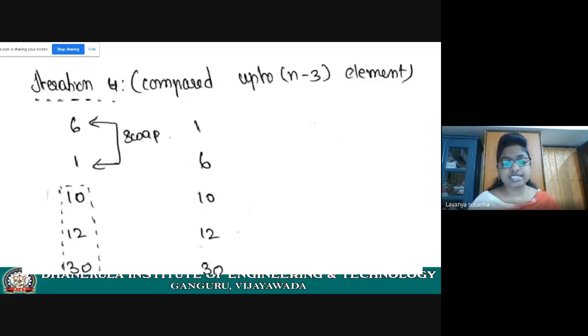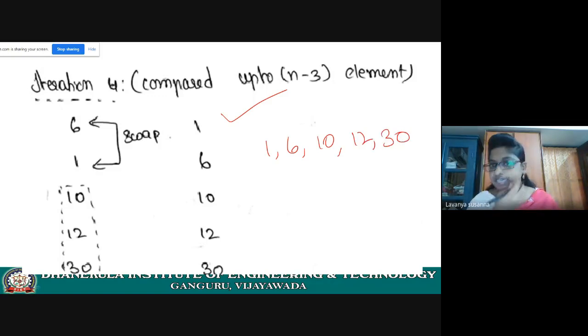Now see, this is the next iteration. You need to compare up to 6 and 1 only. So this is the resultant sorted array: 1, 6, 10, 12, 30.